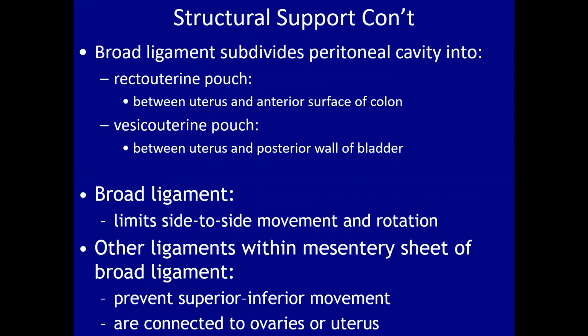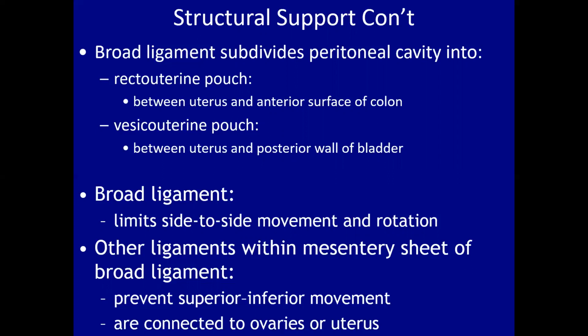So this broad ligament is a divider of the peritoneal cavity. The divisions are actually called the rectouterine pouch, that's between the uterus and the anterior surface of the colon, and then we also have the vesicouterine pouch, which is between the uterus and the posterior wall of the bladder.